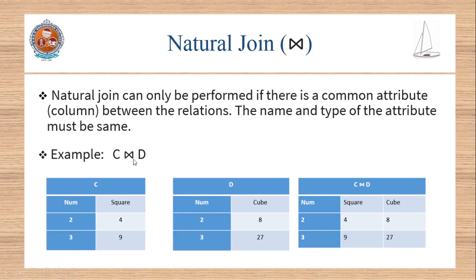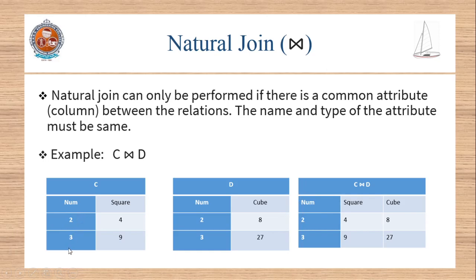Now when we are going to perform the natural join, what is the condition we have said? We must have one attribute common in both the relations. Common in the sense the name of the attribute must be the same and the type also must be the same. So we are having such a column here, that is num. So we are going to perform the natural join. When we perform the natural join, it is going to do the same as a Cartesian product. We are having the first column being num.